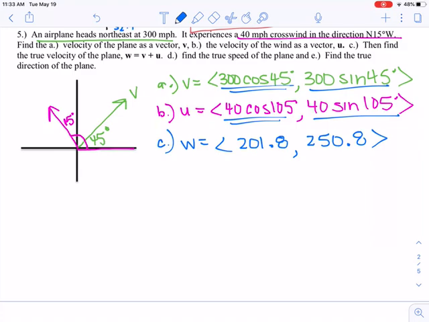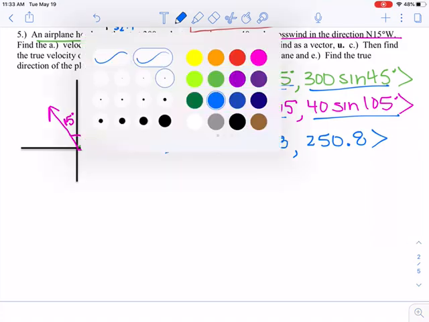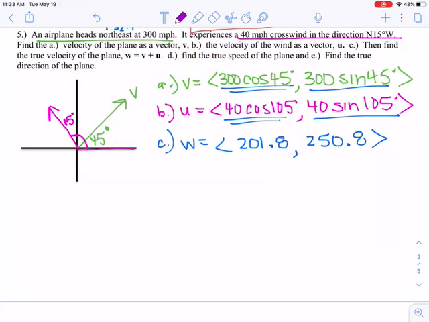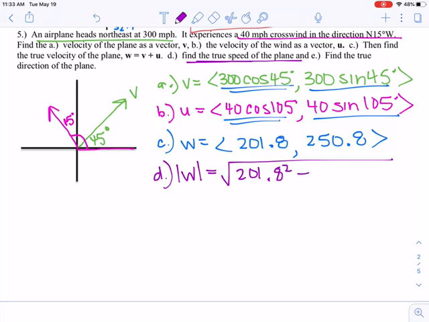Once I have my vector w, I want to then go ahead and find its true speed. Speed is magnitude. So let's find the magnitude of vector w. Remember, magnitude is length, and it's the square root of my x component squared plus my y component squared. So we want to take the square root of 201.8 squared plus 250.8 squared.